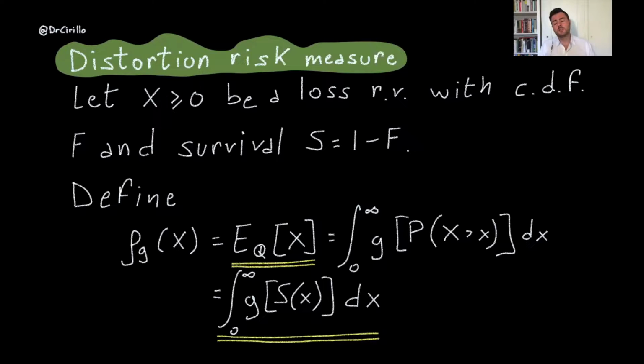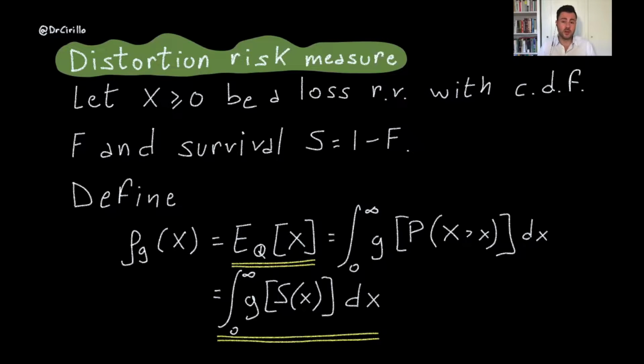So if I consider a random variable X that is a non-negative random variable, and in risk management, typically you consider losses to be positive quantities so that profits are negative quantities. Why this? Because in risk management, typically you play with losses, so you want to minimize losses, and taking losses to be the positive quantities simplifies a little bit the formulas because you get rid of the minus sign, okay?